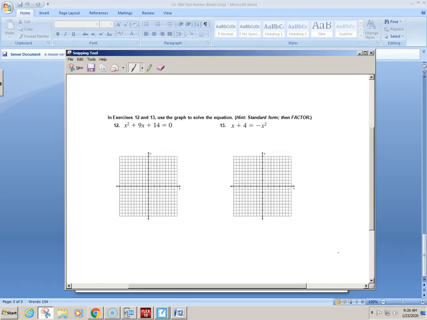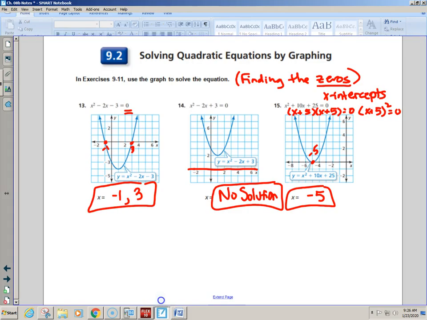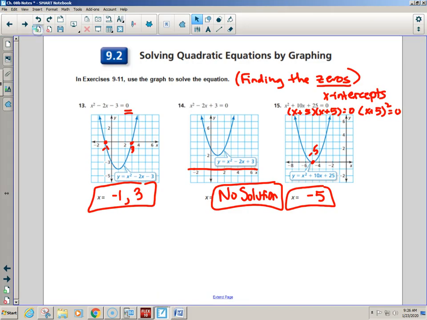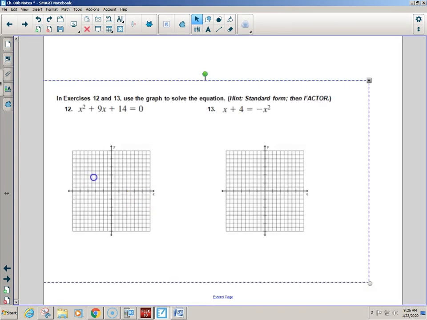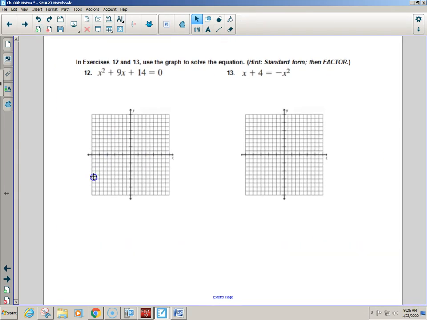So if you're finding it, don't you kind of have to do all the work that we've just done as far as finding the intercepts? Solve. Good. I want x equals. But how do I get it? Factor. Find the zeros.